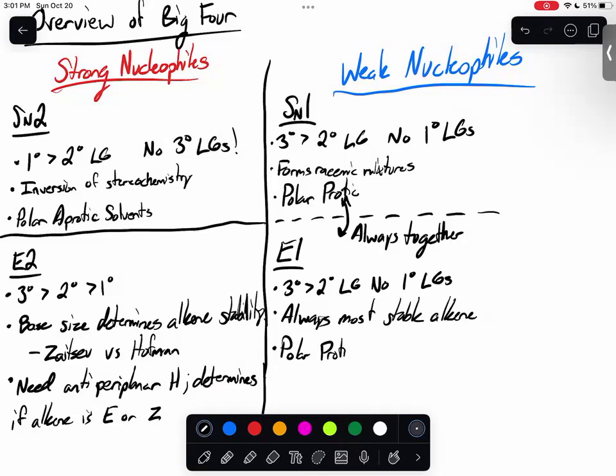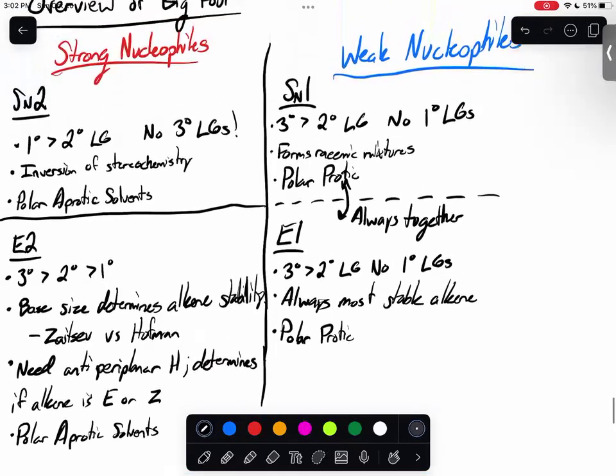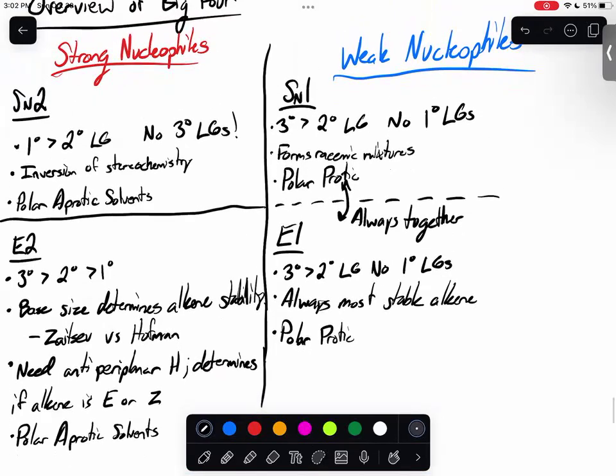And we didn't talk about it much this lecture, but you can probably assume E2, being like SN2, also wants polar aprotic solvents. But it's relatively necessary for E2 because, of course, these are very strong bases and you don't want to have an acid in solution. So, overall, this is what the big four is all about.